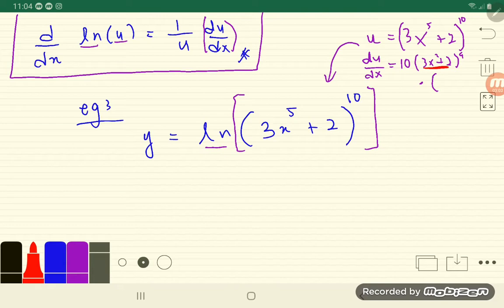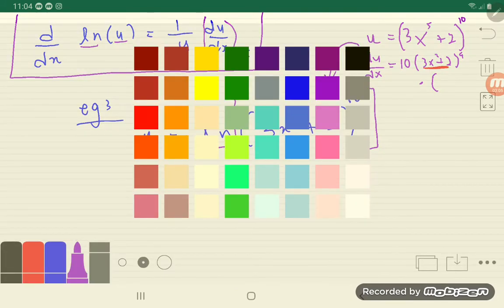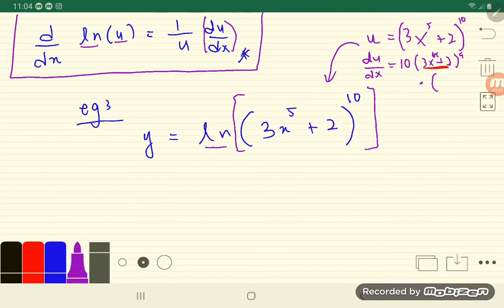If you differentiate that one, this is supposed to be 5 there, so it will be 15x to the power of 4. So the value of du over dx is equal to 10 multiplied by (3x to the power of 5 plus 2) to the power of 9 multiplied by 15x to the power of 4.